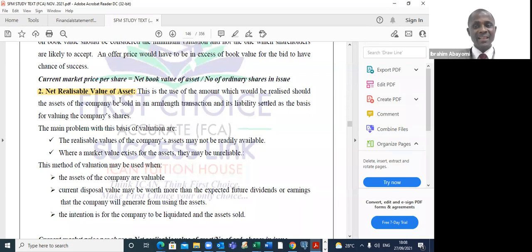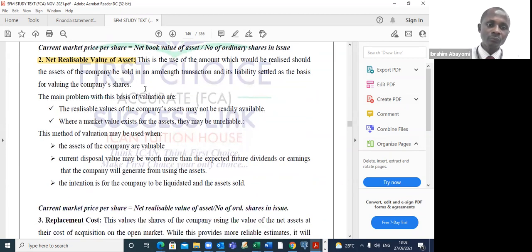So I can base my market valuation on the sales value, the realizable value of that asset. So when you base your market valuation on the amount that will be realized if the asset of the company is to be sold, we say you are using the net realizable value of assets or the market value of the asset.